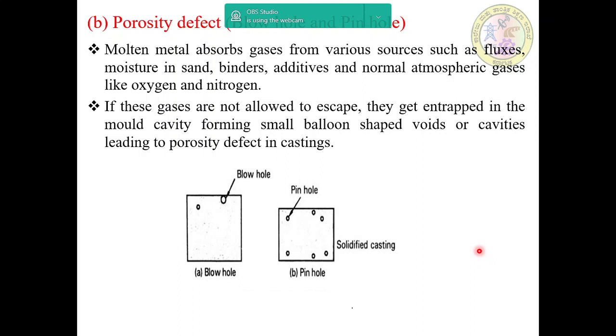In porosity defects, there are two types: blowholes and pinholes. In sketch A, it shows the blowholes, and figure B shows the pinholes.